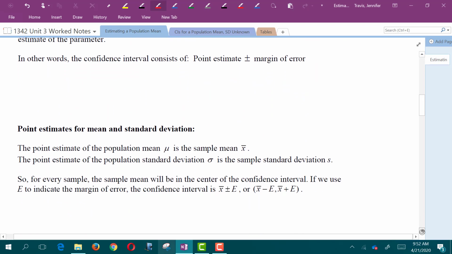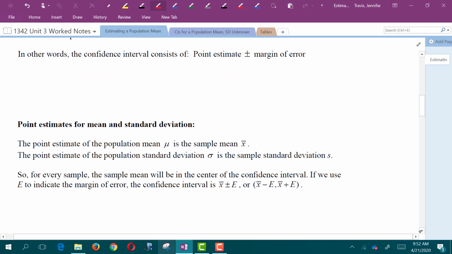Okay, so point estimates for the mean and the standard deviation. Not surprisingly, the point estimate of the population mean, mu, is the sample mean, x bar. And the point estimate of the population standard deviation, sigma, just to review our Greek letters, is the sample standard deviation, s.